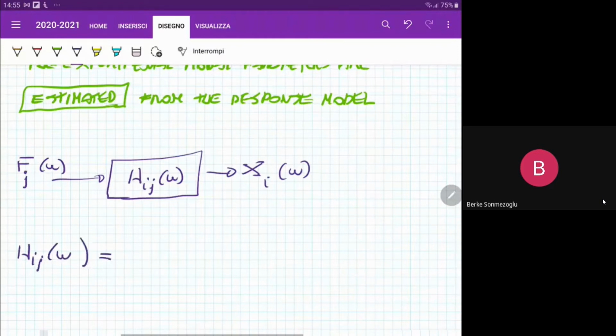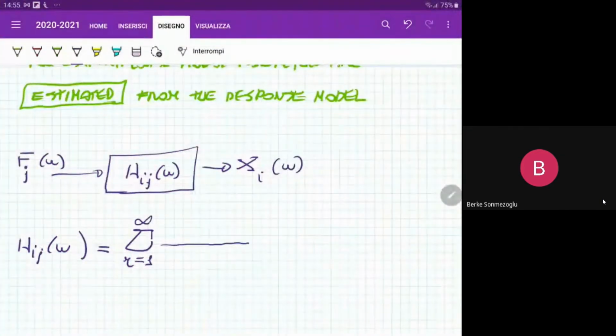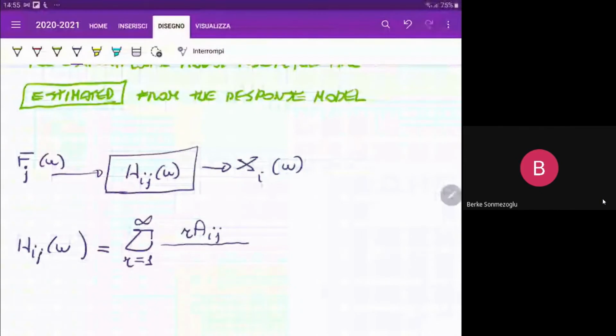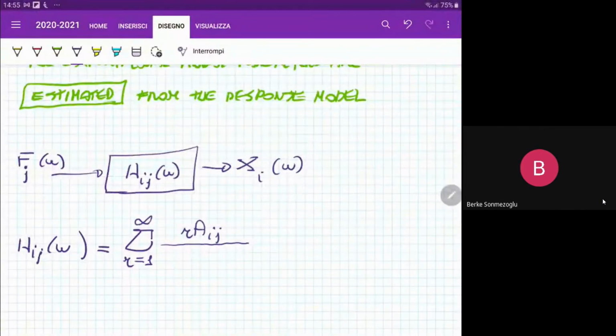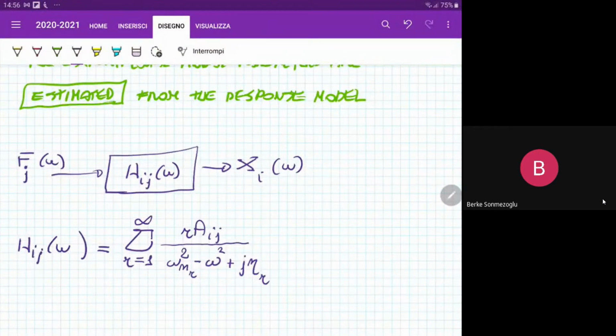Let me write this as a summation from r going from 1 to infinity, because the system has infinite degrees of freedom, okay, and then we have the residual terms that we already saw, A_jr divided by omega_nr squared minus omega squared plus j eta_r omega_nr squared.